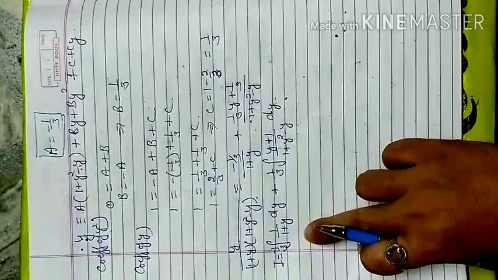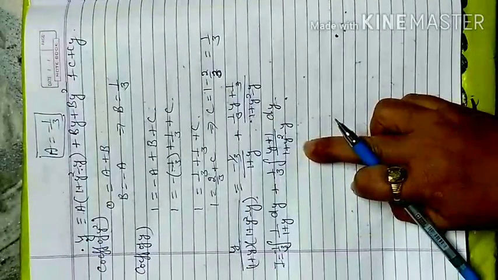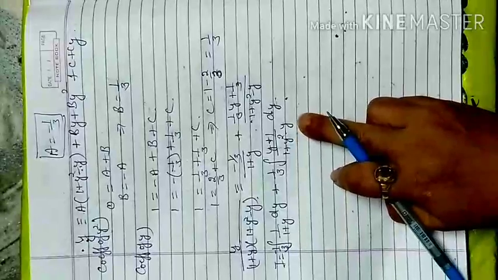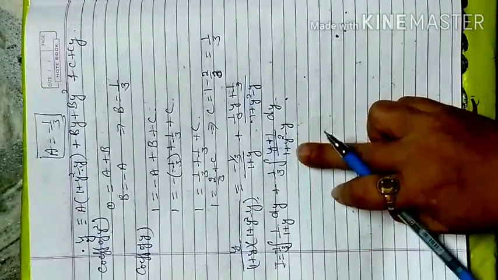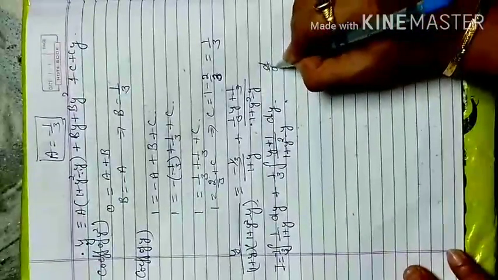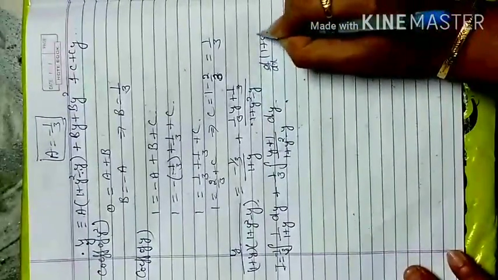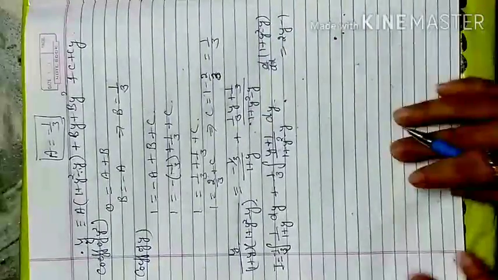This I can directly write as log 1 plus y. But here, when you write 1 plus y square minus y, first you check what is the differentiation of this. So the differentiation of 1 plus y square minus y is equal to 2y minus 1.